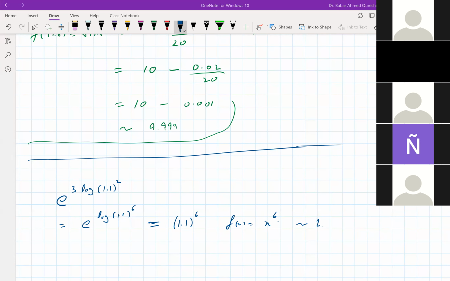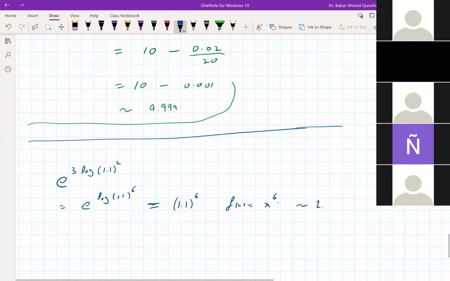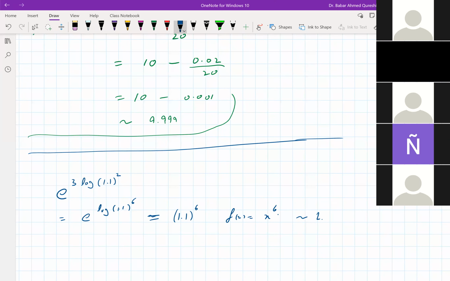Sir, I have a question. Can we consider this as x plus 1 to the power 6 and consider it near x equals 0? Well, that would not be a very good thing to do. The better thing is to do it near 1. You write the expression as 1 plus x, whole power 6, and take it near x equals 0.